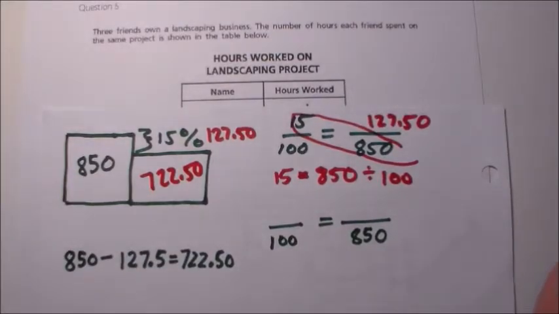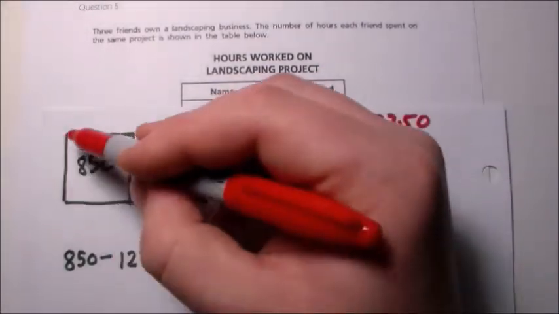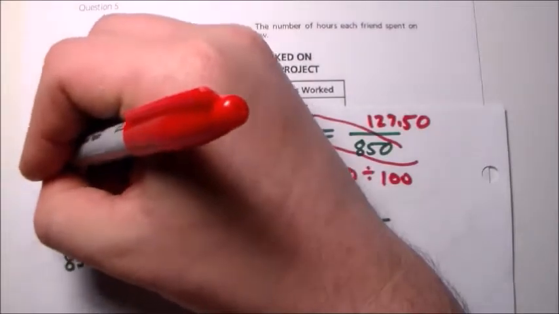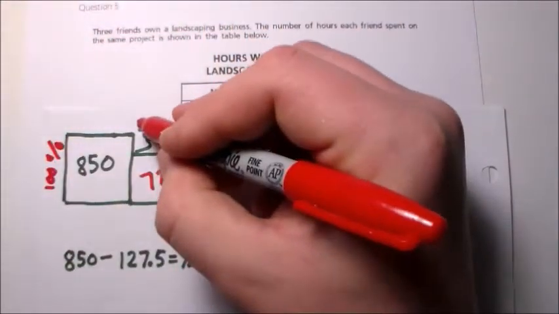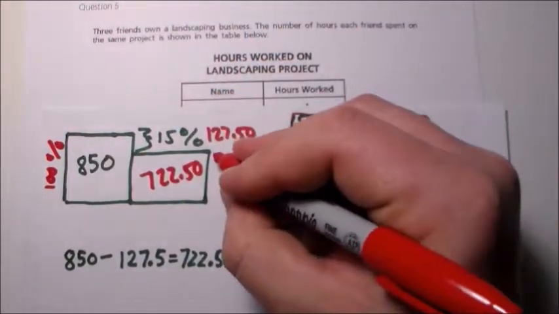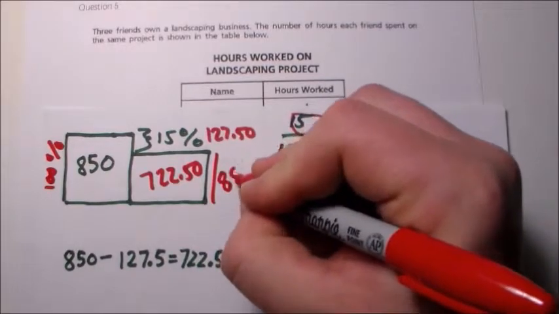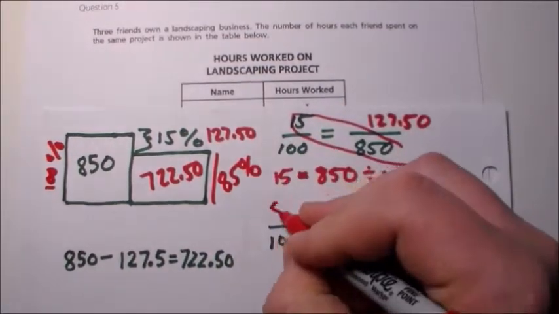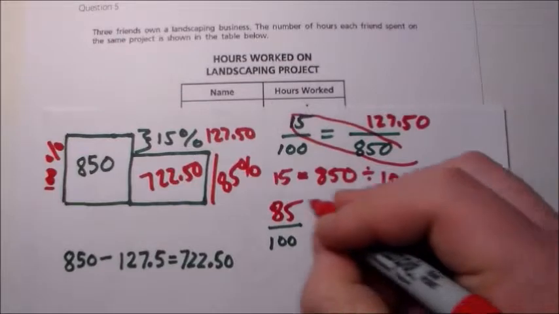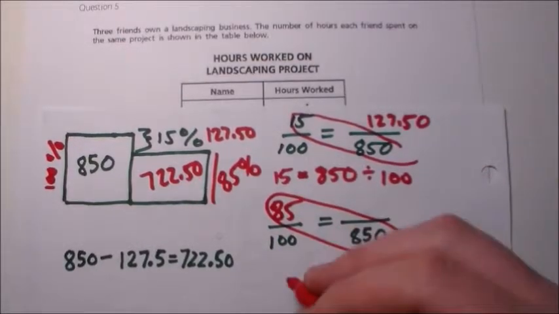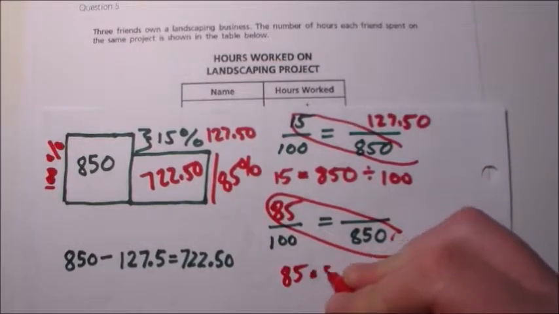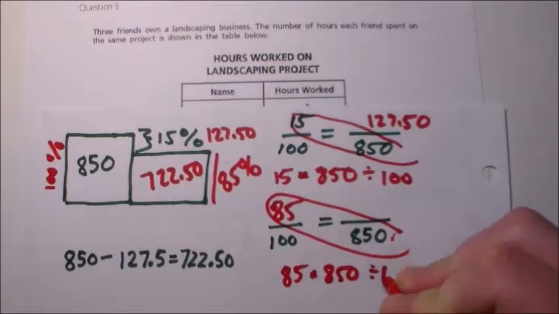If you want to do it a different way, you can say, well, I know this whole thing is 100%. This is minus 15%. So this here is going to be 85%. And you could cross multiply it to 850, do 85 times 850 divided by 100.